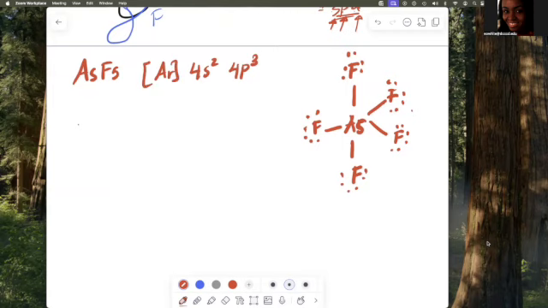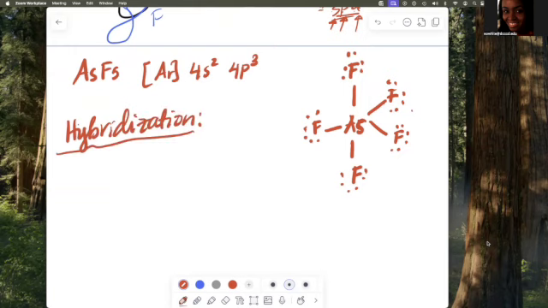I need to have my hybridization. As I mentioned before, it is based on selecting which orbitals I have to mix. The menu I have to work with is 1 s orbital, 3 p's, and 2 d's. I select the number of letters based on the number of electron groups. Since I have 1, 2, 3, 4, 5 electron groups, I select the first 5 letters.